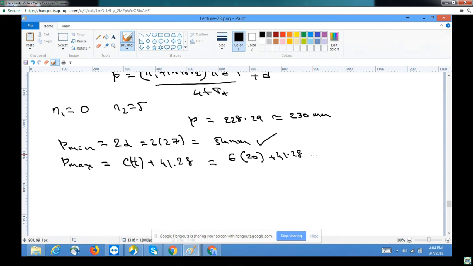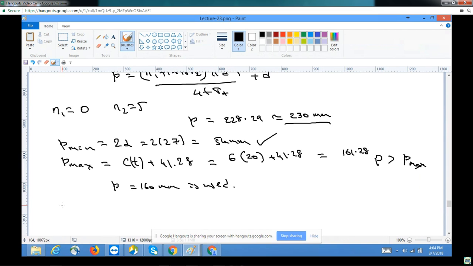So it turns out the pitch is 161.28. So you cannot use 230. P is greater than P max, and hence a pitch of 160 mm is used.